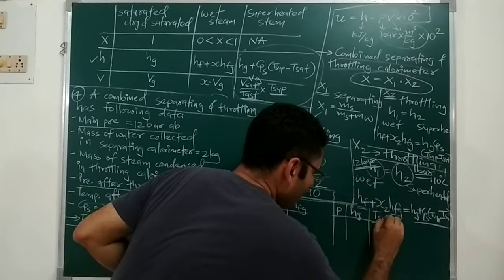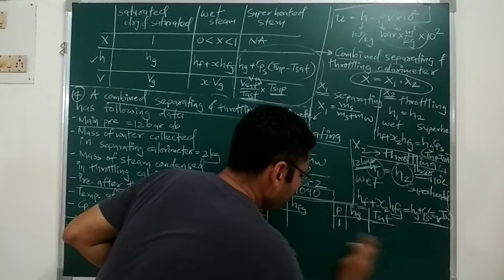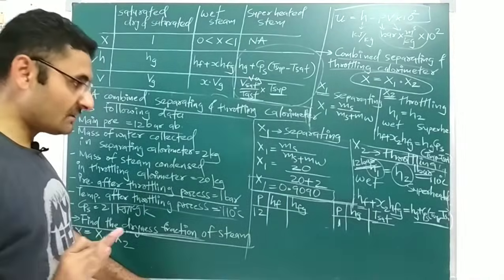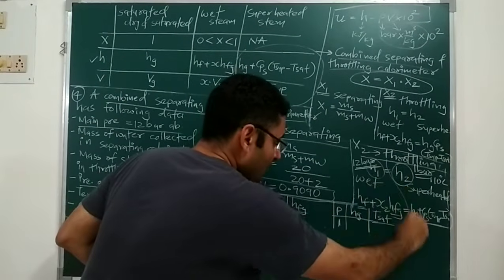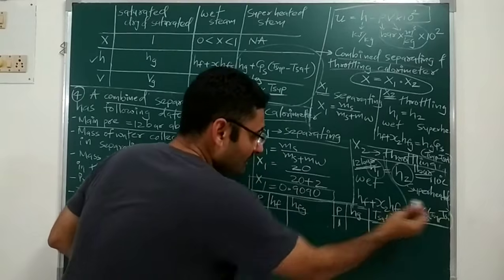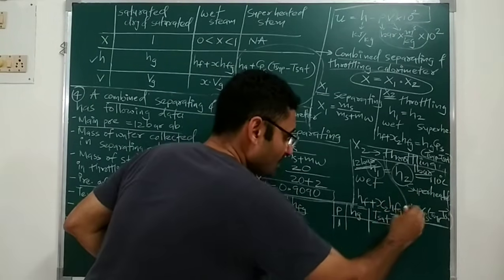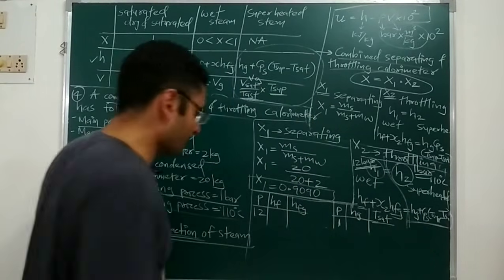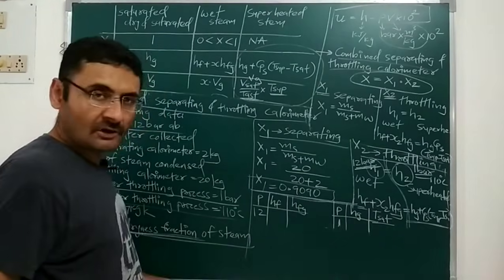The pressure is 1 bar, and whatever temperature value is there, we will consider as T saturated. In front of 12 bar pressure, all these terms' values we will find from the steam table, and in front of 1 bar pressure, each value of those terms we will find. Clear about this? Now I am going to display the steam table on your screen.